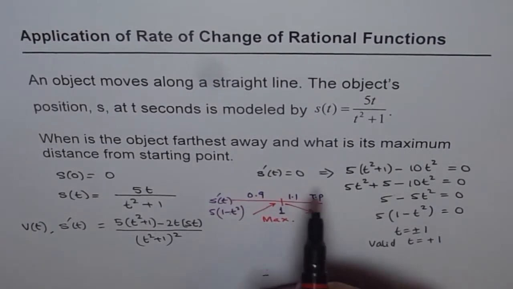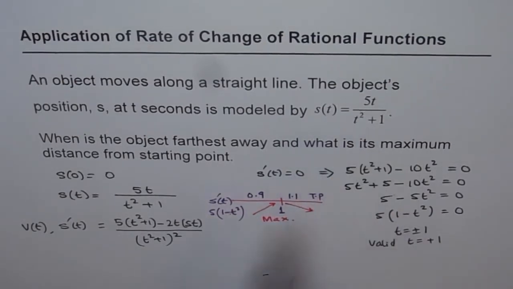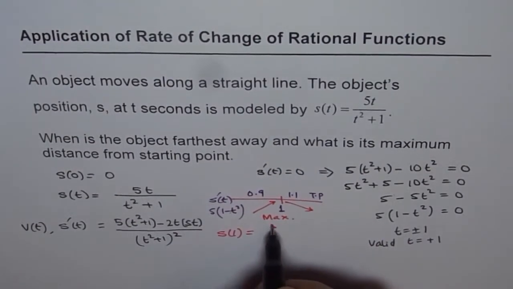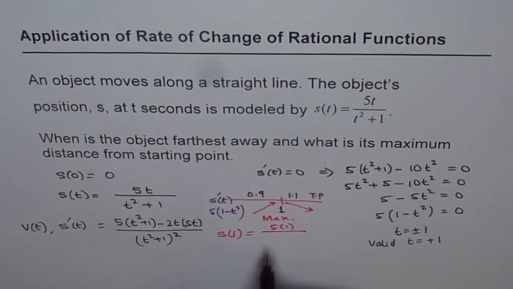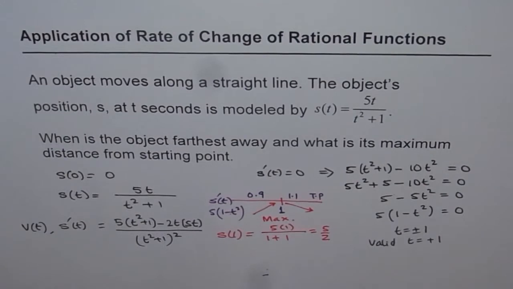So let's find the value, or the displacement or distance, of the object at t equals 1. So s of 1 equals 5 times 1 divided by 1 plus 1. That is 5 over 2 units.